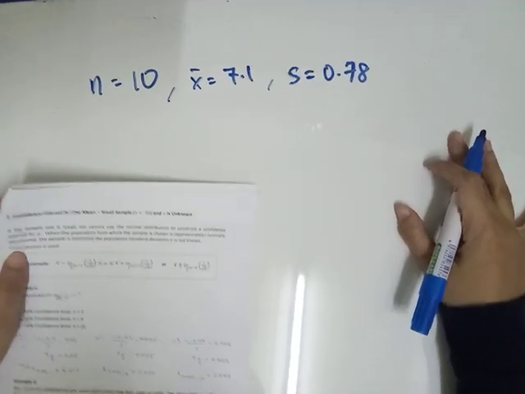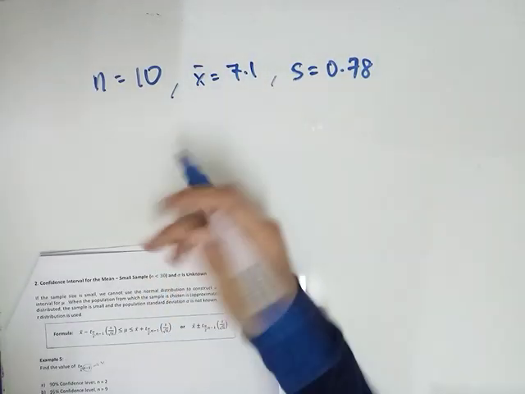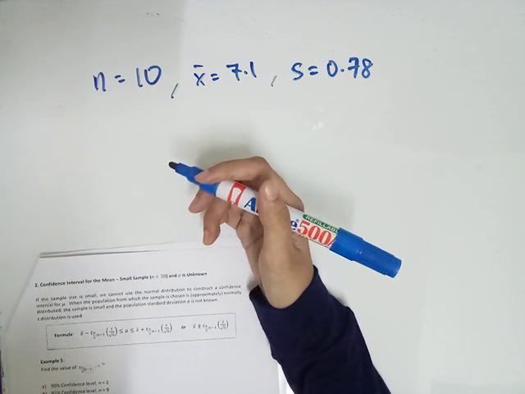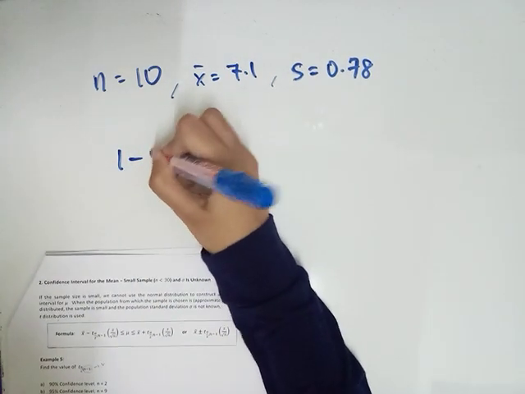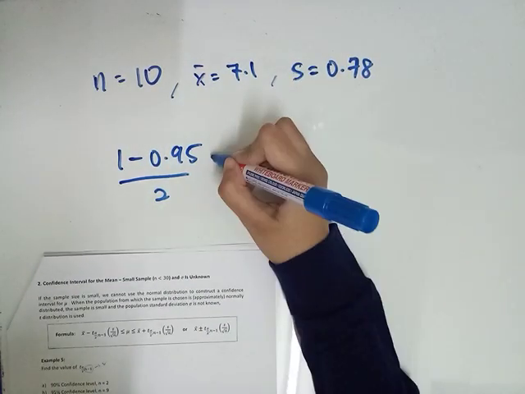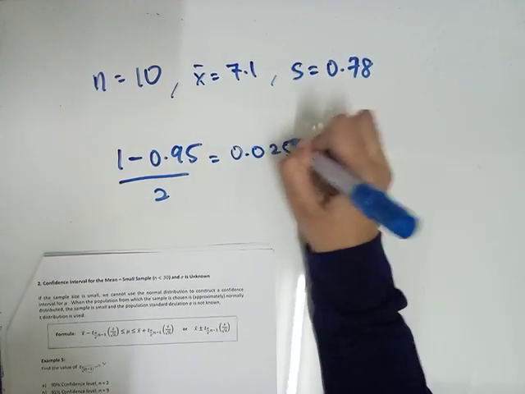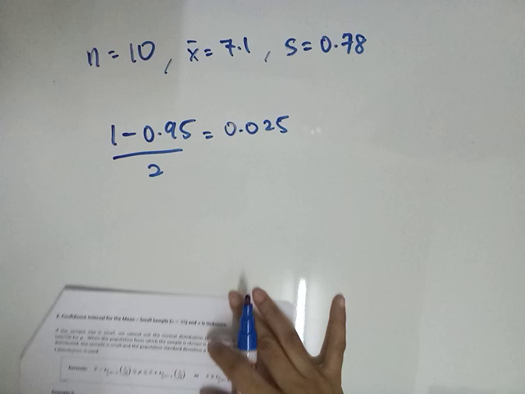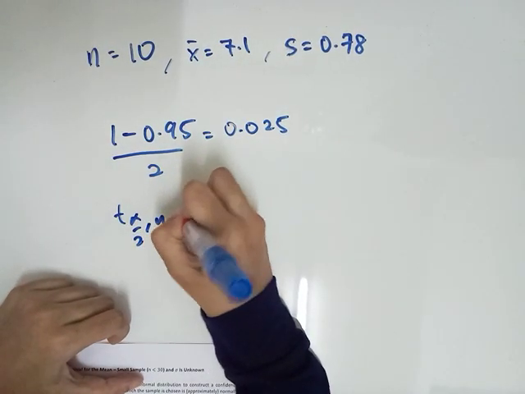Okay. So, the first step, we have to find the T value. They gave us the 95% confidence interval. So, 1 minus 0.95, divided by 2. Solve it and you will get 0.025. So, the T value, T alpha over 2, n minus 1.